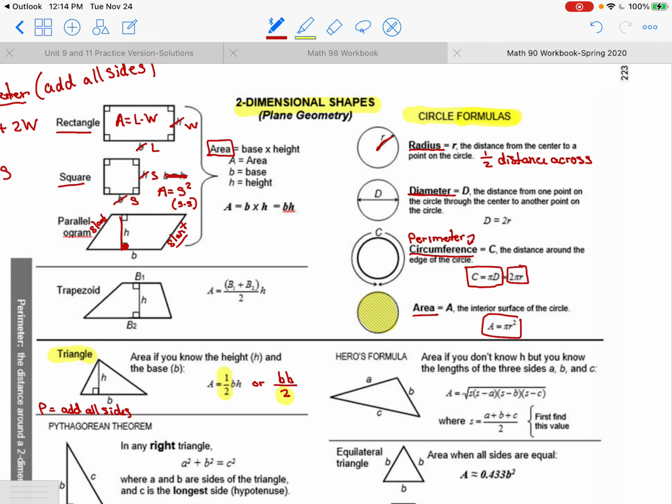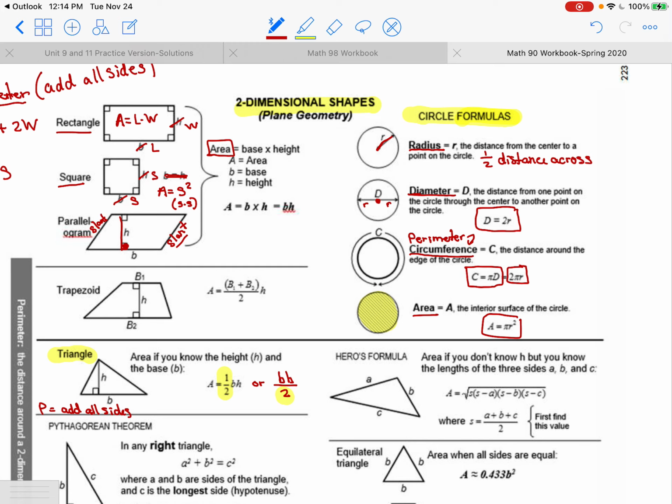So then if we go down to the diameter, we can see that the diameter is the distance from one point on the circle through the center to another point on the other side. So here would be the center. You can see we'd have a radius here, and we would also have another radius here. And therefore, you can see why this formula is what it is. The diameter is equal to 2 radiuses, right? 2r.